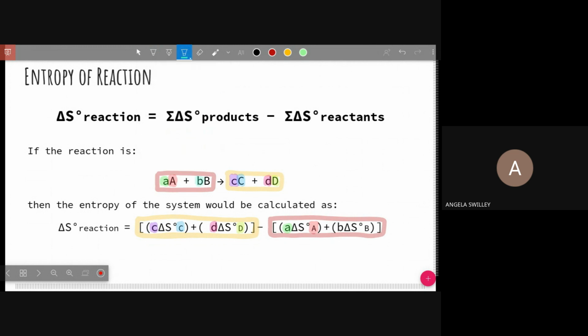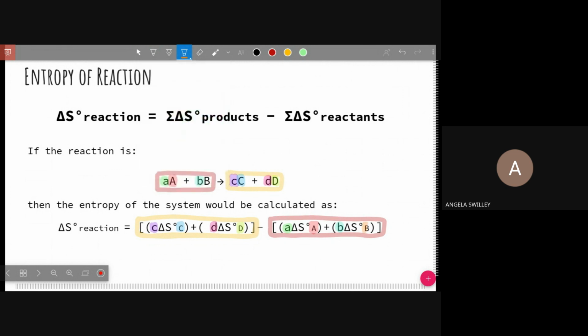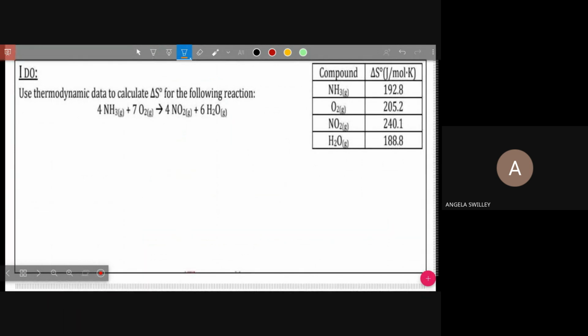We have our coefficient of little b, which is going to be multiplied by the delta S of the element or compound B. That's how we set it up, and you've done these before, so that probably was not needed, but I just want to make sure that you knew where we were getting everything from. If you want to pause this and try to do it on your own and then resume it to check it, feel free, or you can work it out with me.